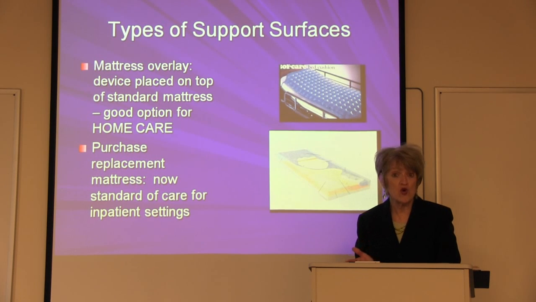So if over the course of 1 year, you had 30 patients admitted to this bed who needed pressure redistribution, and if each device cost you, we'll use a very limited fee, we'll say $30, that means that over the course of that year, you've paid $900 just to protect patients in that bed. And that's if you only have 30. Many times you have a lot more than that.